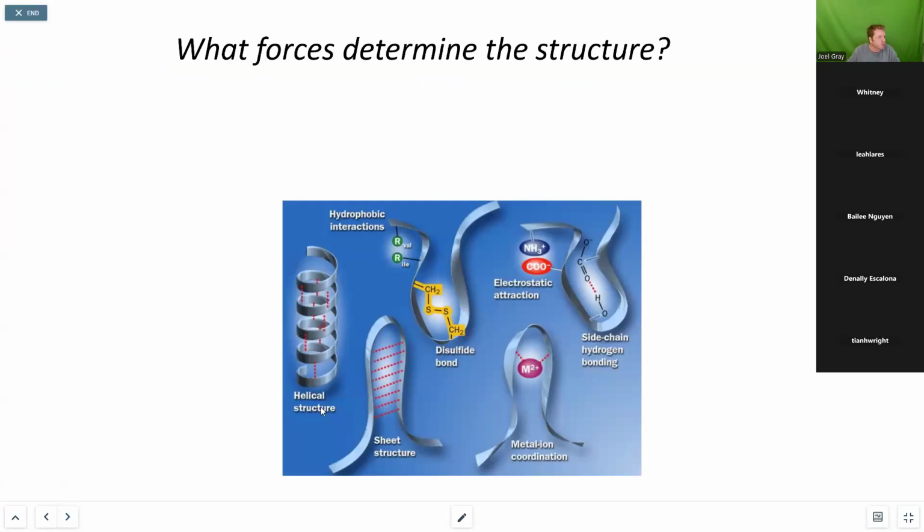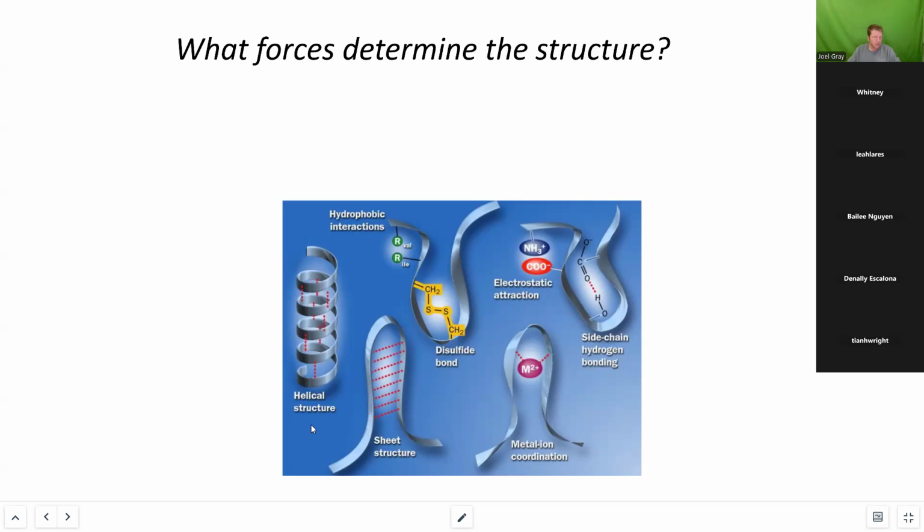We've got our helical structure where this ribbon is simply our helix or our backbone, and then those dashed red lines are those hydrogen bonds. Now, when you think about the backbone of an amino acid and a polypeptide, you have your amino group and your carboxyl group. So it's hydrogen bonding between those groups. Your amino group acting as a hydrogen bond donor, and the carboxyl group acting as a hydrogen bond acceptor.